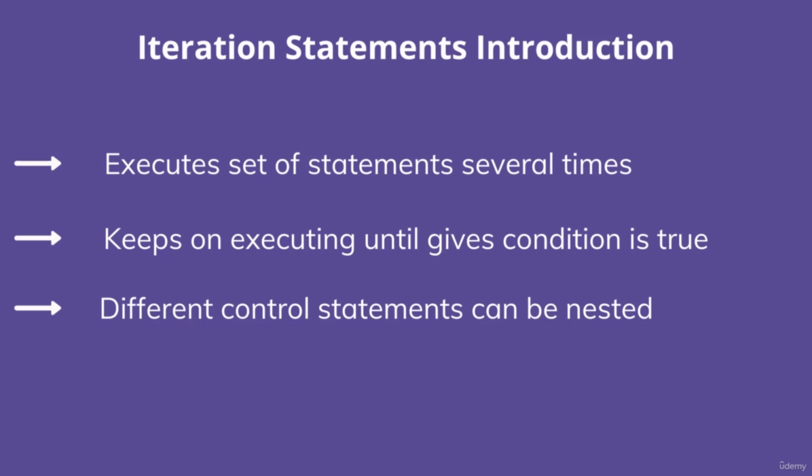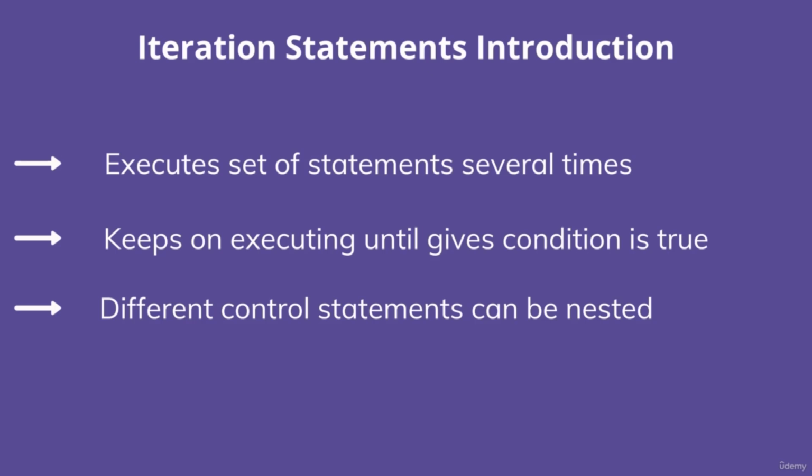For example, as I said, I want to find all the even numbers from 1 to 100. So the condition is that the value of i, or whichever variable I am using, should be less than or equal to 100. As soon as the value exceeds 100, the loop must get terminated.